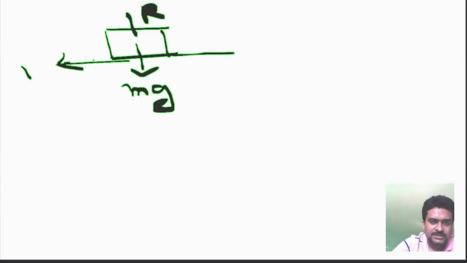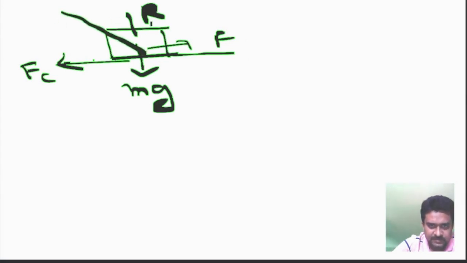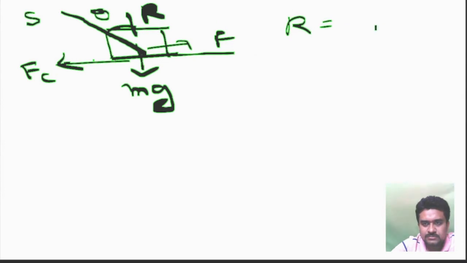Now the frictional force is Fc, the applied force is F here, and the resultant of R and Fc is S. If this angle is theta, it is called the angle of friction. Then R equals mg, and Fc is mu mg.